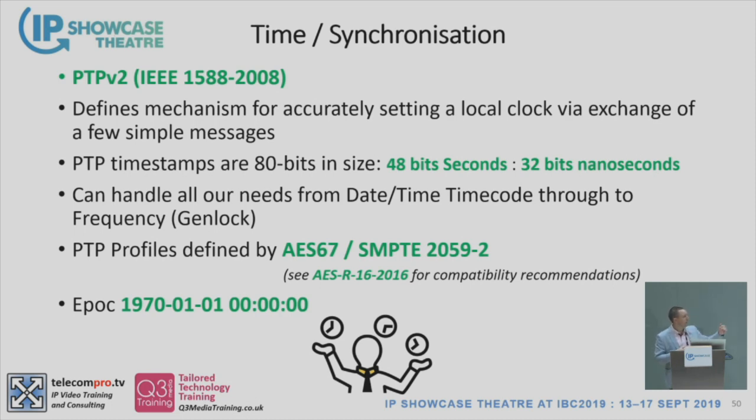Now, the timestamps themselves within those messages, to give you that clock resolution, are 48 bits of seconds and 32 bits of nanoseconds. This gives us a very high precision, very accurate level, down to nanosecond accuracy of what the time is now. And with the performance of a PTP-based system, we typically talk about sub-microsecond accuracy. If you were to compare that to what came before, the older NTP standard that your Windows machines used to synchronize clocks, and many systems in broadcast facilities already use NTP to synchronize time across systems, with that you're talking about 200 microseconds.